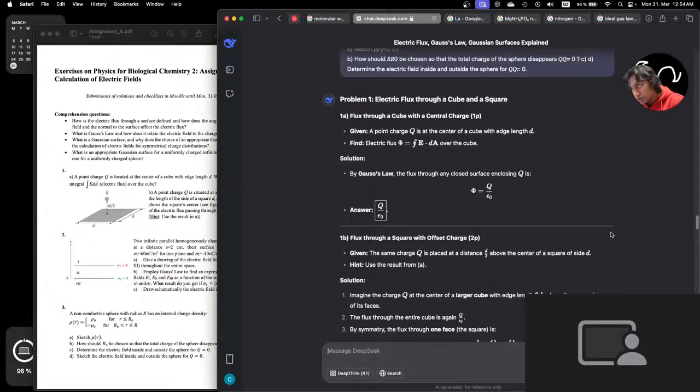Applying Gauss's law, the flux through any closed surface equals Q by epsilon zero, where Q is the point charge, I guess.